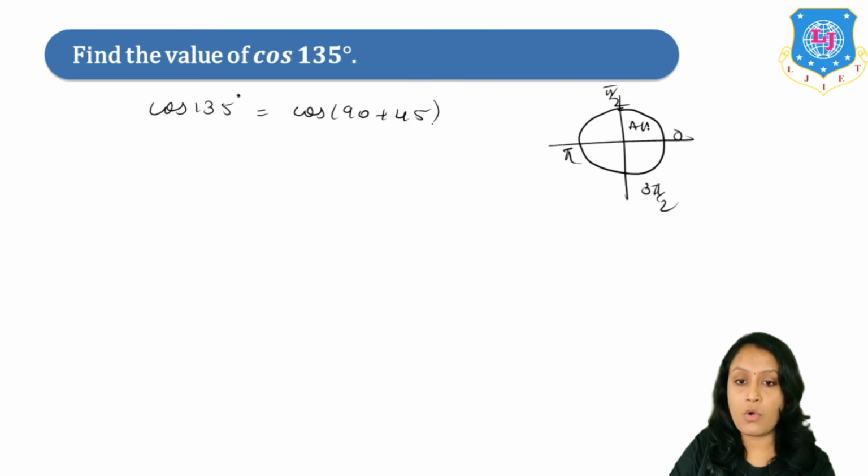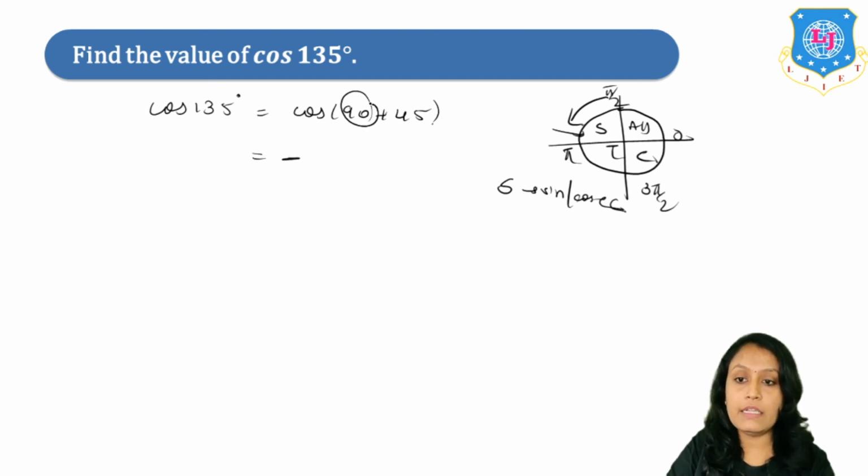This is All, S, T and C. Now this is angle theta, so 90 plus theta will come in the second quadrant, and in the second quadrant, S is present, meaning sine and cosec are positive, all other terms are negative. So we have cos, so a negative sign will come.